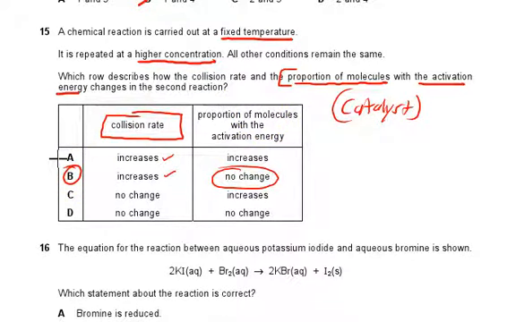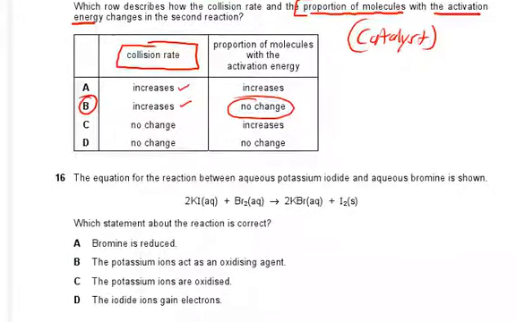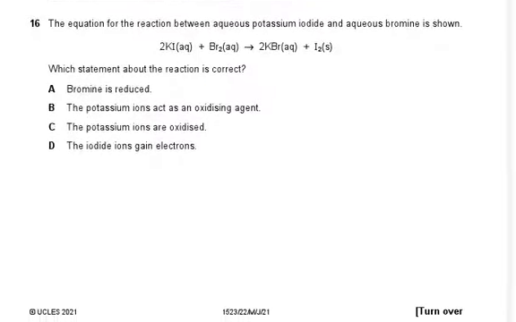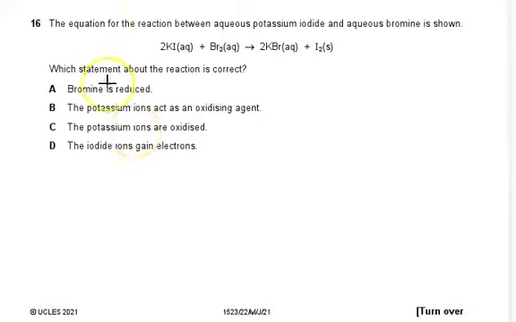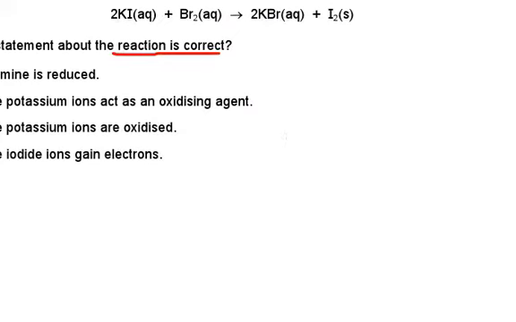Okay, so for number 16. The equation for the reaction between aqueous potassium iodide and aqueous bromine is shown. Which statement about the reaction is correct? So here, let me make it bigger.